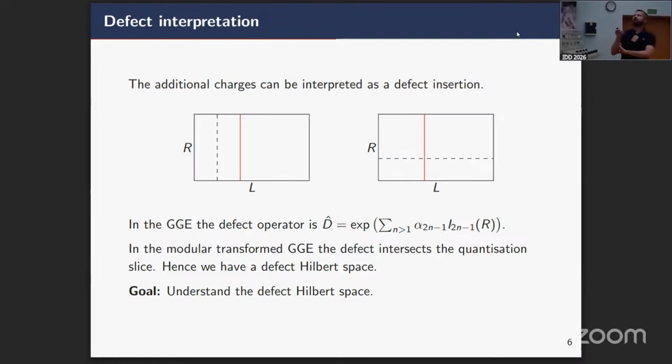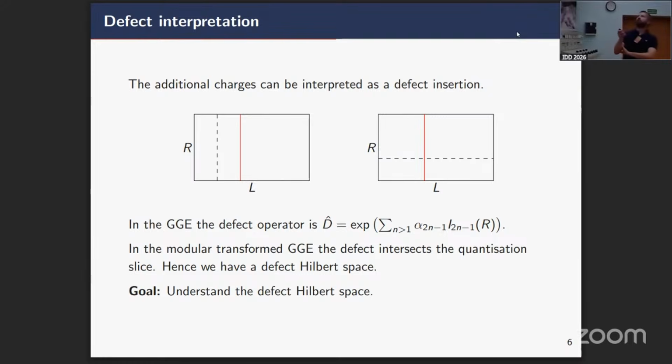So in my GGE, instead of thinking about my Hamiltonian as a sum over all of these additional conserved quantities, I can think of it as, if I go back to my rectangle, I've just inserted a defect that runs horizontally, where the defect operator is just a sum over the exponential of these additional conserved quantities.